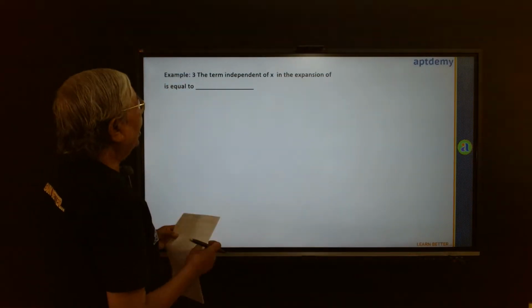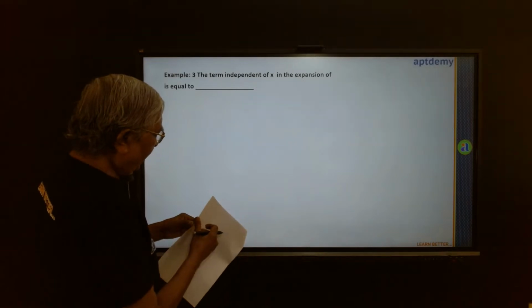Next, the term independent of x in the expansion.